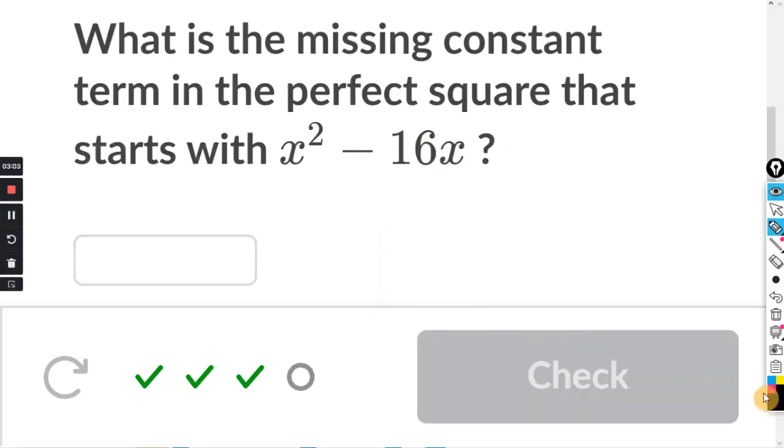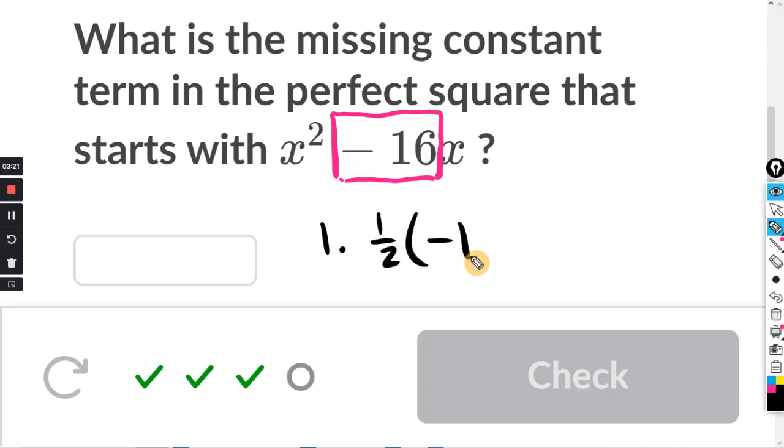All right, last one. We're looking at the number that's times x, the coefficient in front of x. We can see that's a negative 16. All right. Step 1 is to take half of negative 16.